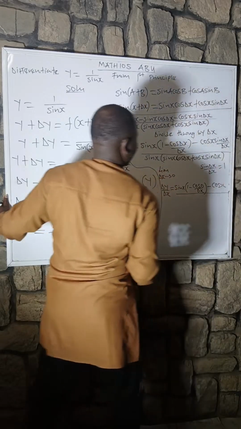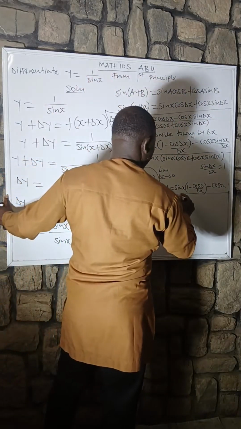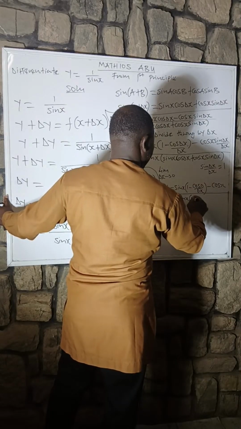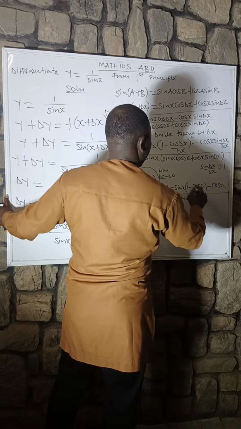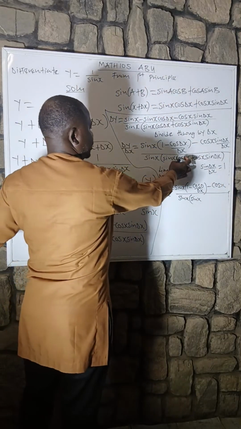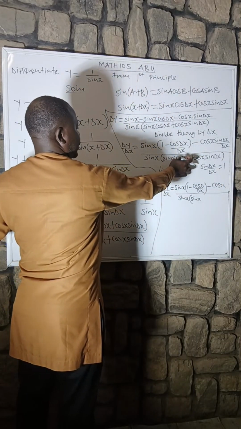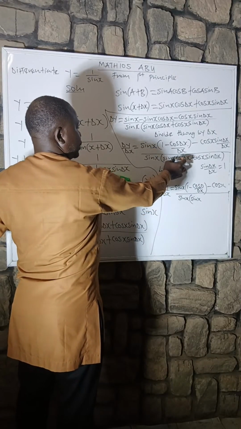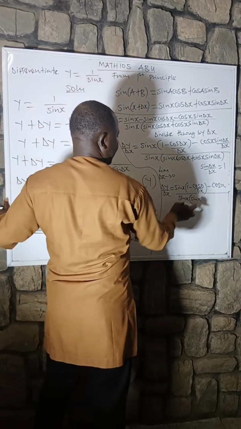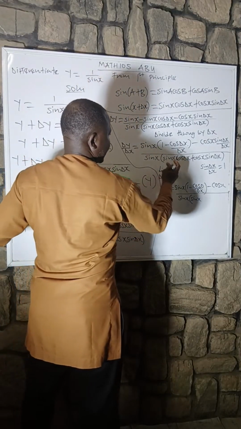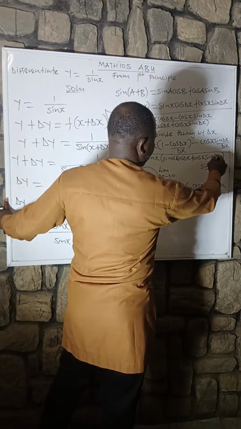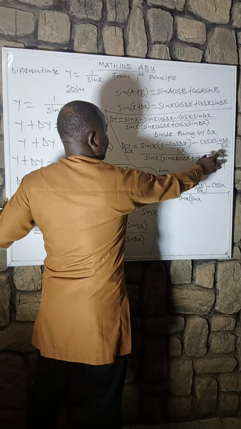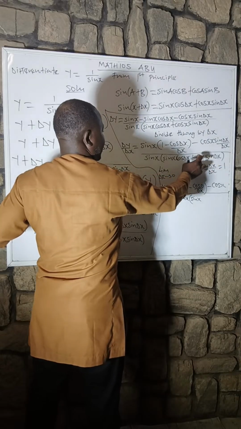Then all over, here we write open bracket sine x cos dx. So you substitute in this, so cos 0 is going to give you 1. So 1 times sine x is sine x. Then here will be cos 0. Here will be sine 0. Sine 0 is 0 times this.